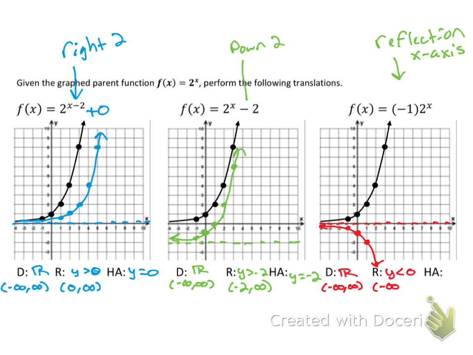In interval notation, you'd write that from negative infinity to 0. What would the horizontal asymptote be here? y equals 0.